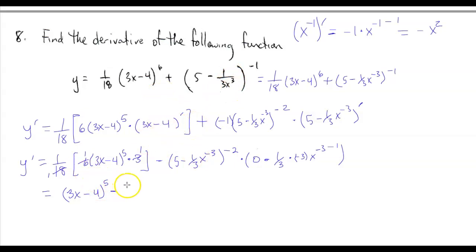Second term here, we'll keep that the same for now, for this first factor. And then here we have a -1/3 times a -3, which will give us a +1. And +1 times x raised to the -3 minus 1. That just would be x raised to the -4.